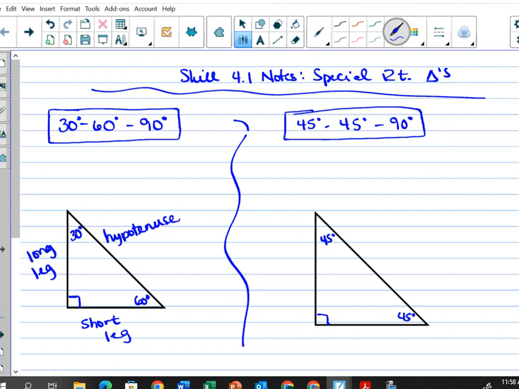So in a 30, 60, 90, you've got a short leg, a long leg, and a hypotenuse.